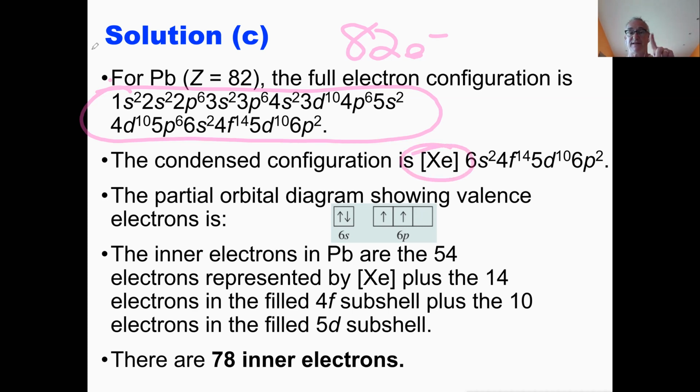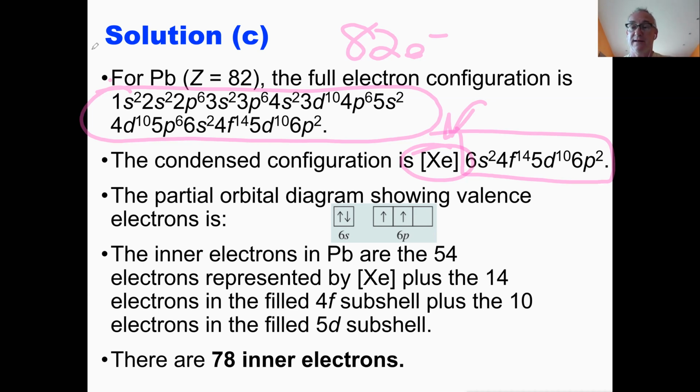Now, this is slightly different. Notice that the condensed diagram has all of these electrons left. So there's a lot of electrons between xenon and lead. Now, if we want to know what the actual valence electrons are, it's not just xenon this time, because there's so many electrons we've added in the D subshell and the F subshell.